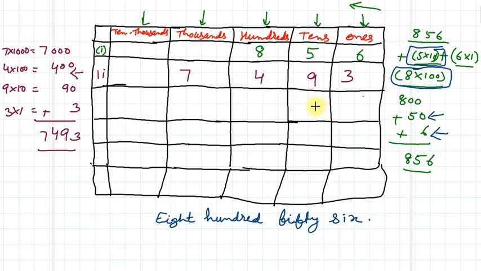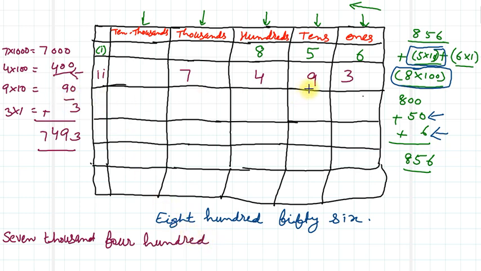Then how would we write it in words? In words, first of all take thousands, so 7,000. Then 400.